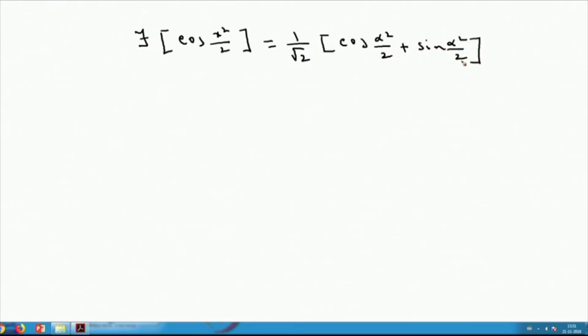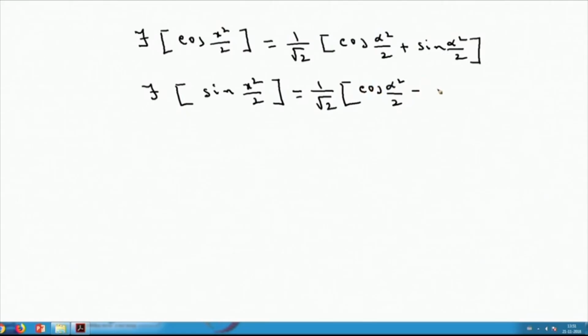In previous lectures, we have already proved this in one example, and similarly we know Fourier transform of sine of x square by 2 equals 1 by root 2 times cos of alpha square by 2 minus sine of alpha square by 2.